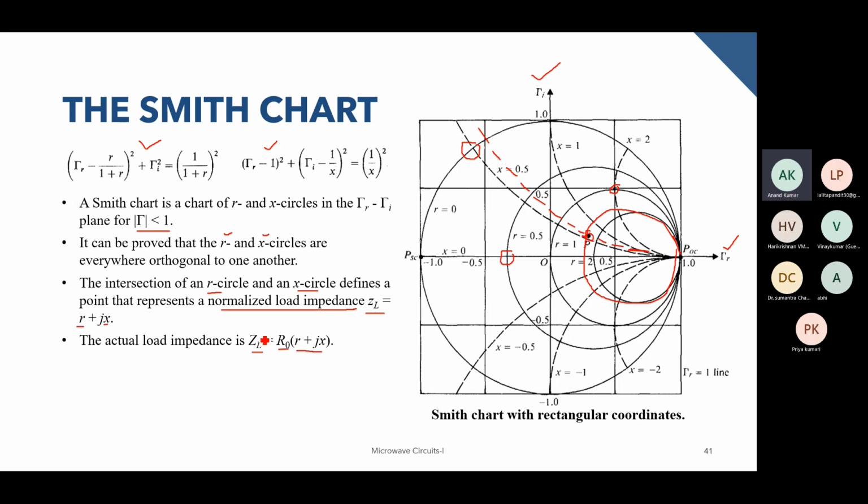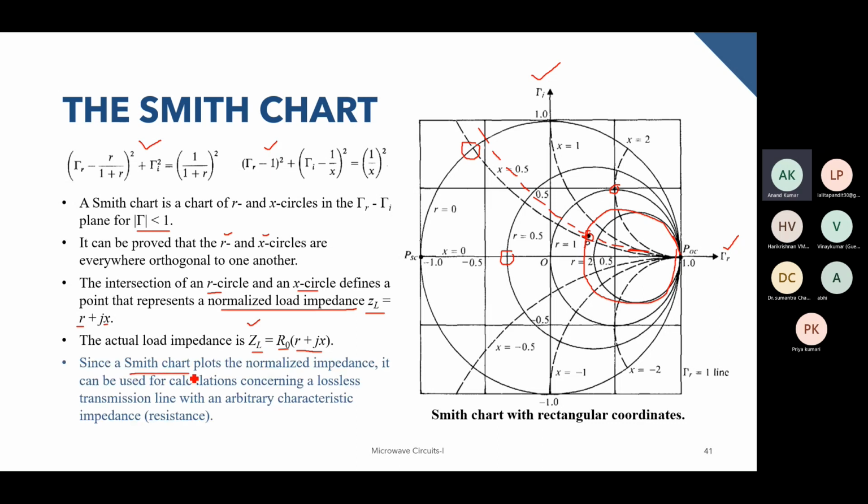Since the Smith chart plots everything in normalized form, it can be used for calculations concerning a lossless transmission line with arbitrary characteristic impedance. You'll see in the examples that we'll do today that since everything is normalized over here, the same chart can be used to solve a problem concerning a transmission line with 50 ohm impedance or 100 ohm impedance, since all the points are normalized on this particular Smith chart.